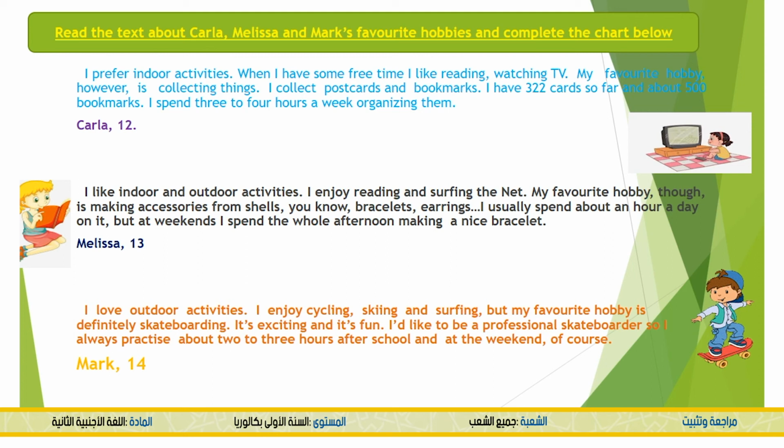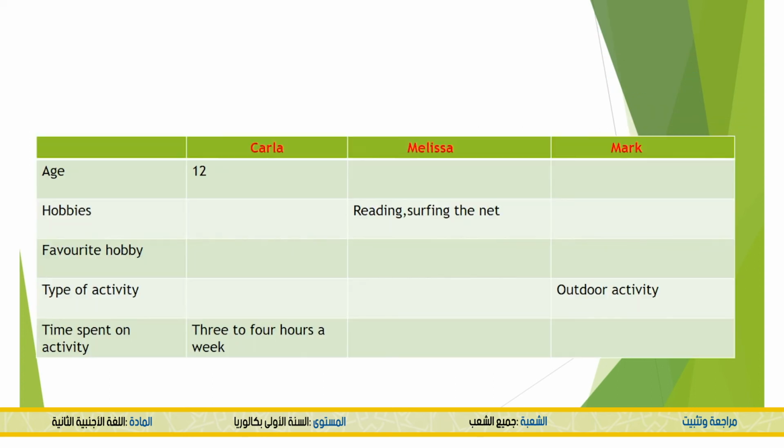Can we move to the fill in the chart activity or task? All right. Here we go. Now age, Carla, we have it in the text, 12. Exactly, 13. That's right. What about Mark? That's fine, 14 years old. Hobbies. Melissa's favorite hobby is reading, surfing the net.